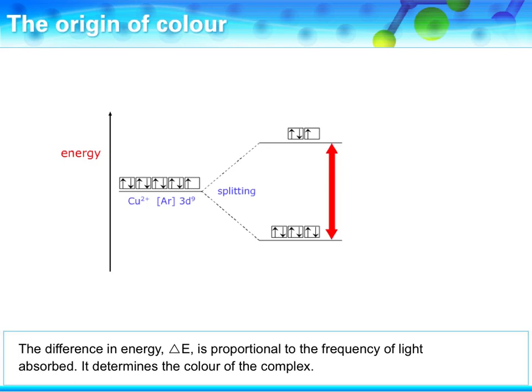The difference in energy that we call delta E is proportional to the frequency of light absorbed, and that determines the colour of the complex. And this statement is really, really important. The difference in energy is proportional to the light absorbed, and that determines the colour of the complex.